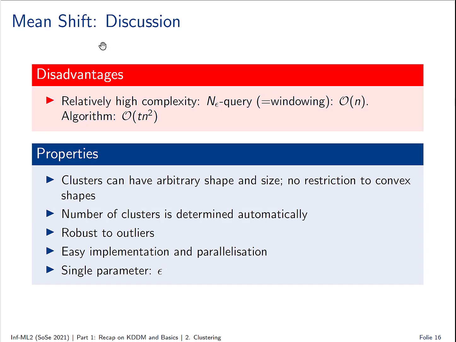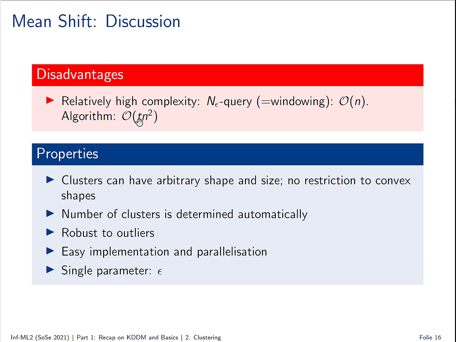The downside is that the runtime complexity is quite high. For the windowing we need a neighborhood epsilon range query, which typically takes O(n) for each point, meaning we are already in a quadratic effort, and then we have to do that a couple of times in order to group the modes.